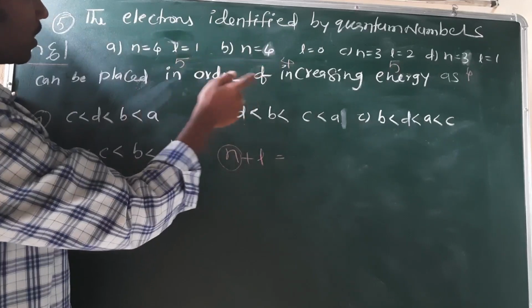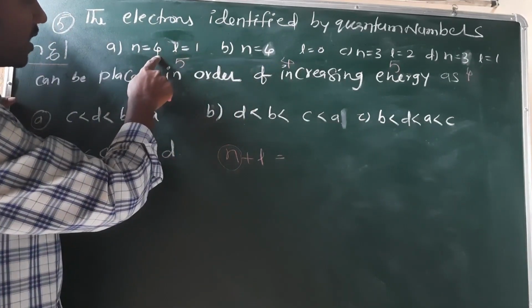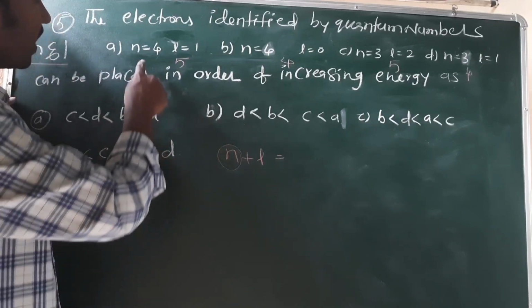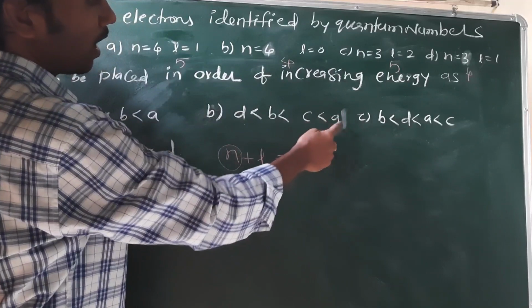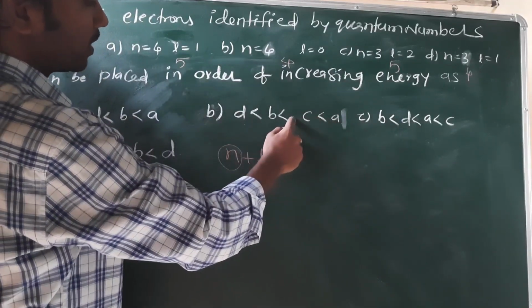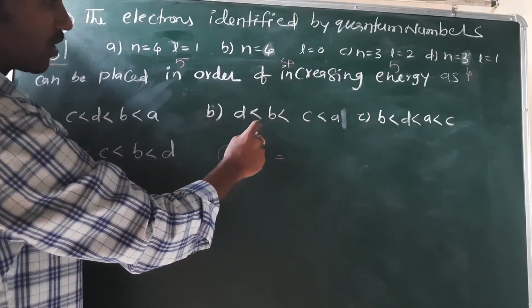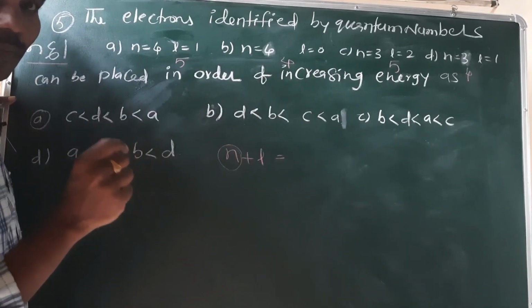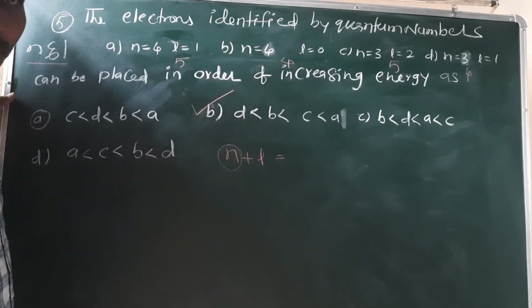But in these 2 options, check which one has the highest n value. A has the highest n value, that is 4, so A will have the highest energy, followed by C. A is the highest energy followed by C, and this is in this option only. In the other options such a pattern is not there, so directly you go for this option.